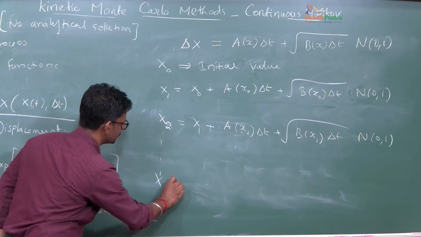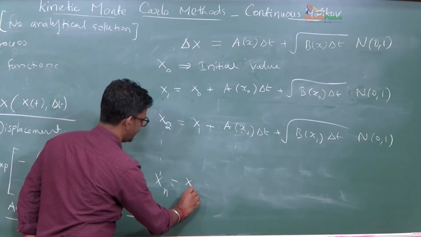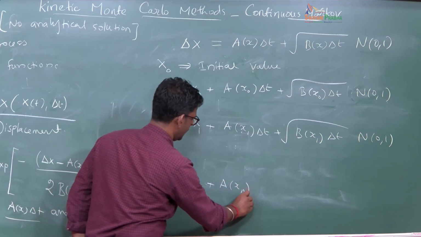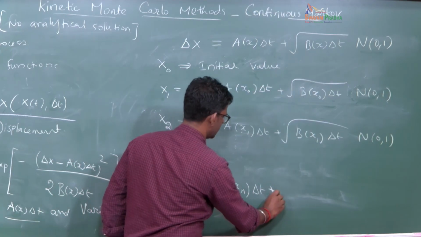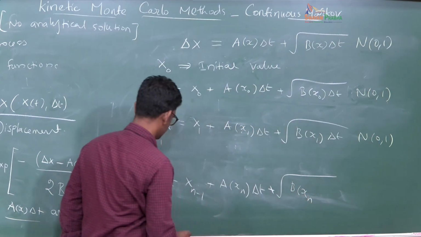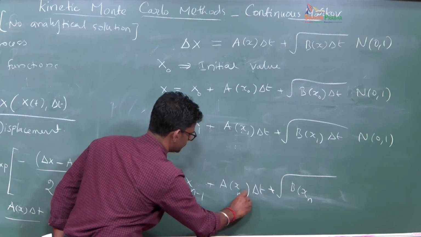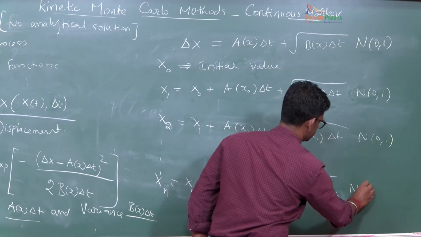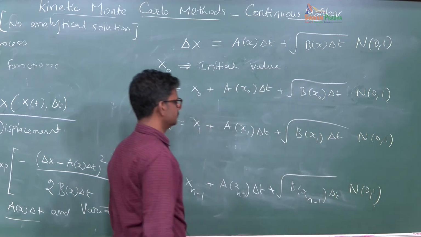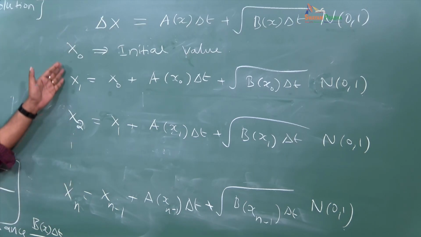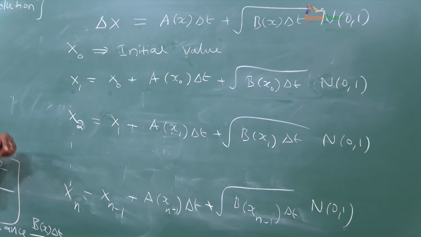So x of n would be x of n minus 1 plus a of x n minus 1 delta t plus square root of b of x n minus 1 delta t times n of 0 comma 1. So, you would have created a sample path.